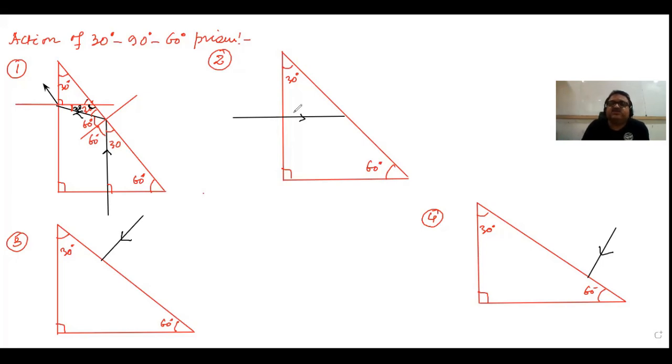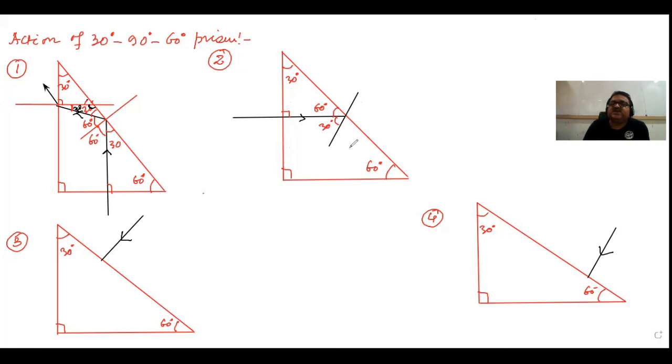Now let's do the calculation for this diagram. This is 90. This is 60. So draw the normal first. This is the normal drawn. What is the value of this angle? The value of this angle is 30. Watch this carefully.